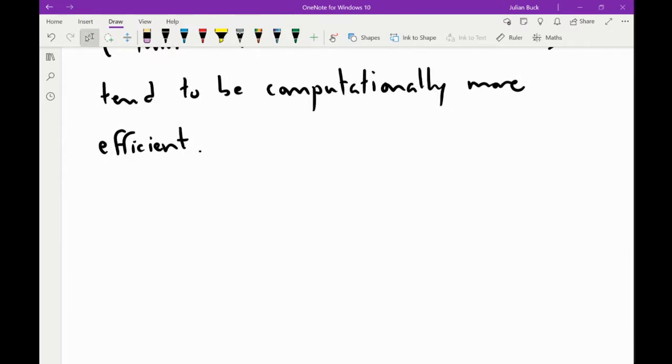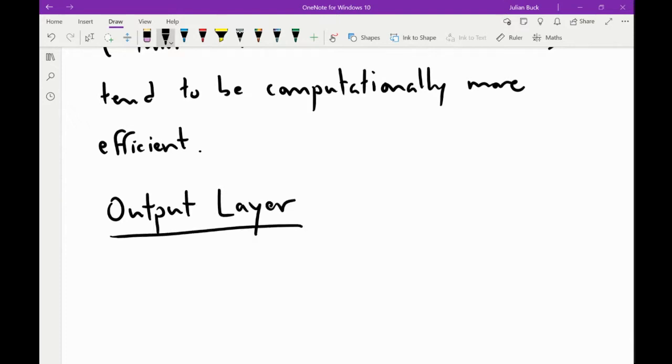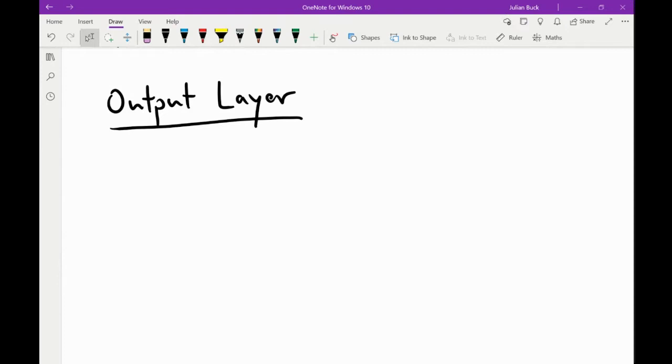Okay, so the last thing to say about the layers is the output layer. What happens at the output layer depends on the type of modeling problem.